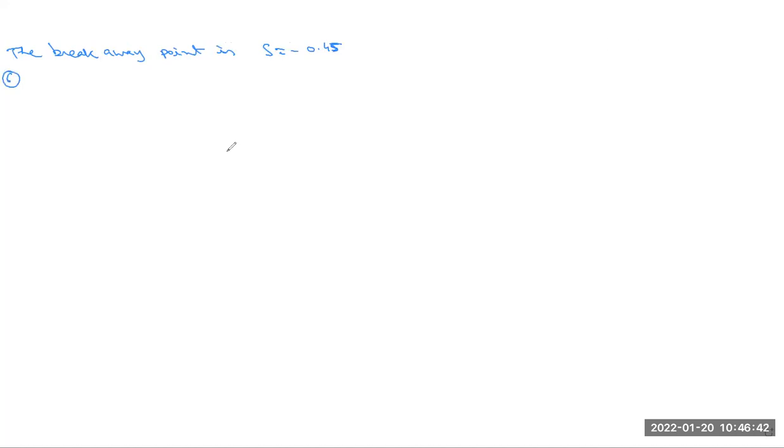Then we have to calculate number 6. What is number 6? I think it is the angle of asymptotes.